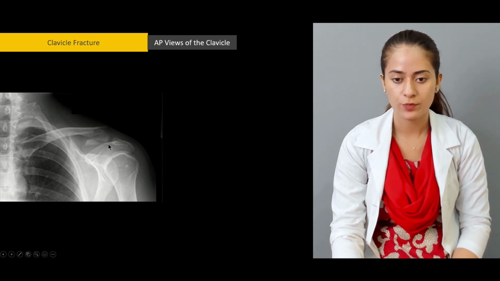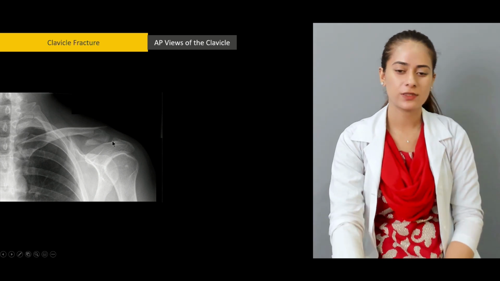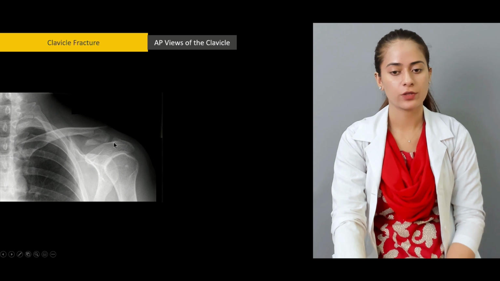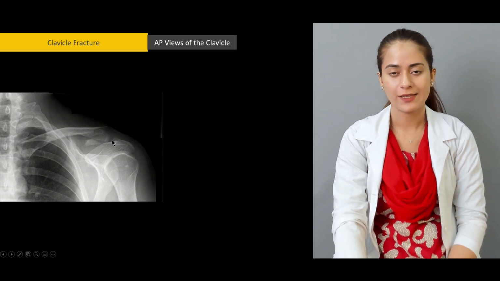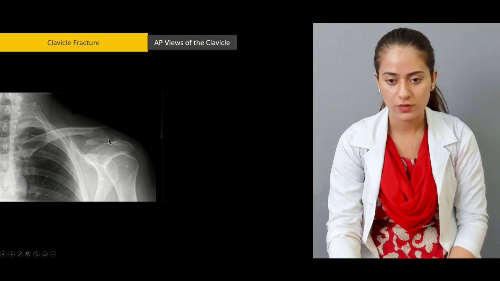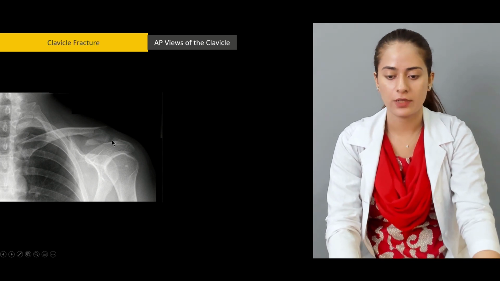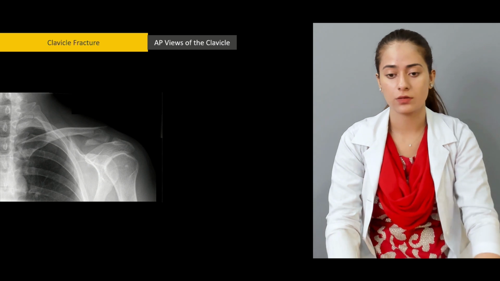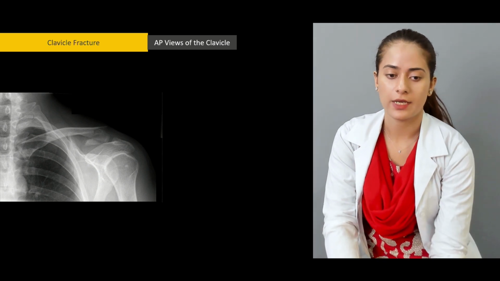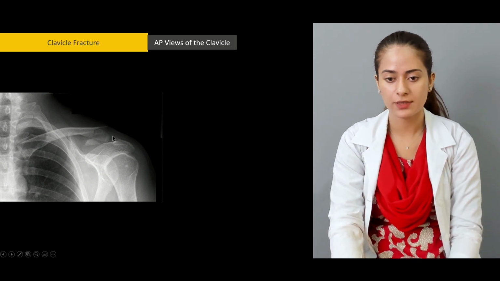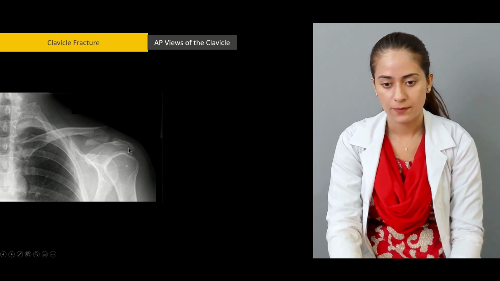There is a visual increase in the AC joint space as well. The normal is 7 for males and 6 for females. So this is looking to be more than normal, but it has to be measured for a conclusive diagnosis. But there is a comminuted fracture.